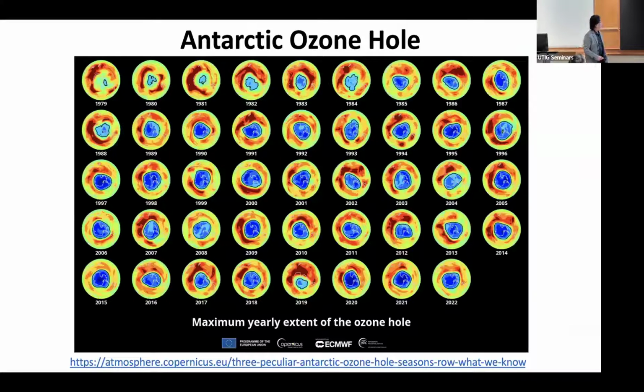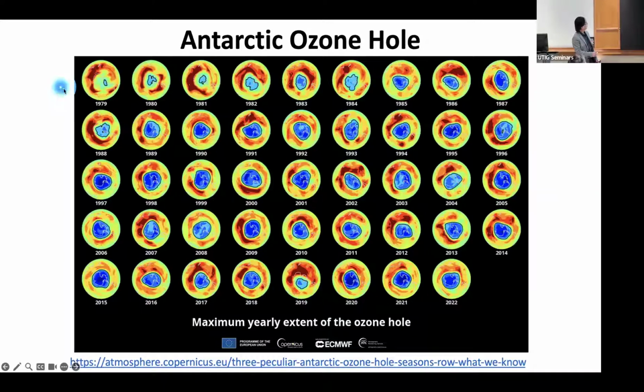And one of the possibilities is the ozone, right? We know that the ozone hole in the Southern Hemisphere started developing in 1979. So this is a snapshot of the ozone hole development.